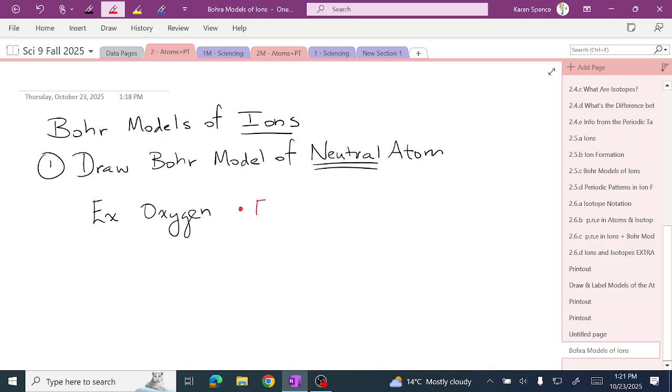You would need to find... Bohr models are all about electrons. In order to find electrons, tell your partner what you would need.